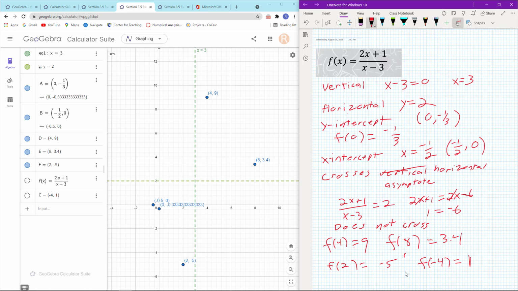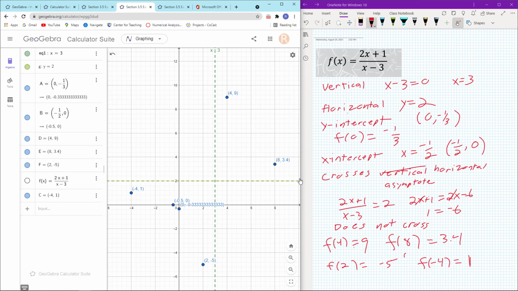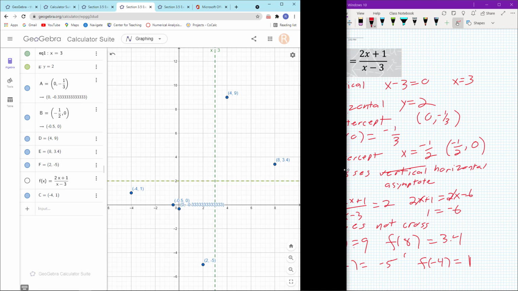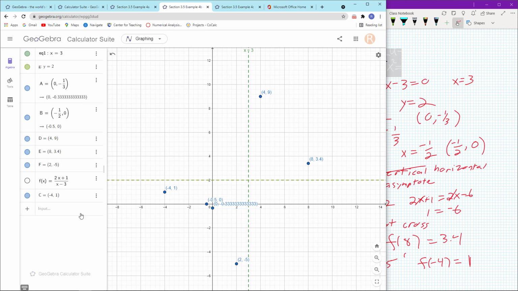So you'll get (-4, 1), which is this point right here. Now we probably have enough points, let me make this graph bigger, to actually graph this function. You can see there'll be a line that goes kind of like this, and then another line that goes kind of like that. And with the help of GeoGebra, that's what your graph should look like.